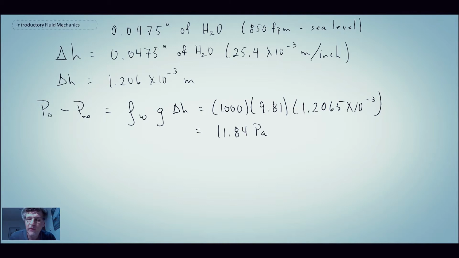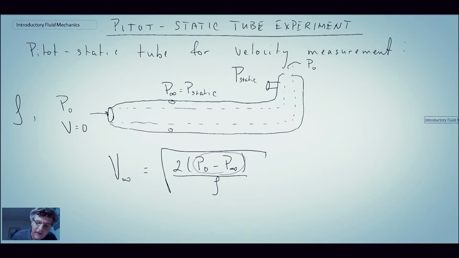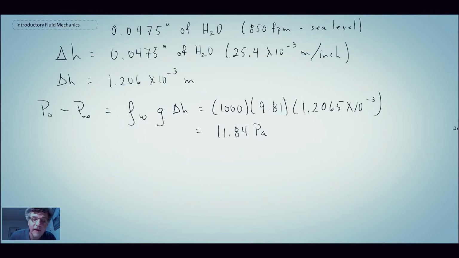Now, in the Bernoulli equation, let's take a look at it again. Remember, we have this density here, that is rho of air at local conditions. As I mentioned, this experiment was done in Calgary, probably around standard atmosphere in terms of temperature, so 15 degrees C. So let's calculate the density of air, and that will be P over RT, where P is 89,000 plus or minus a couple hundred pascals, but not a big deal here.